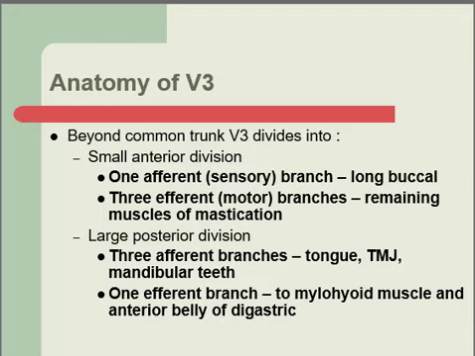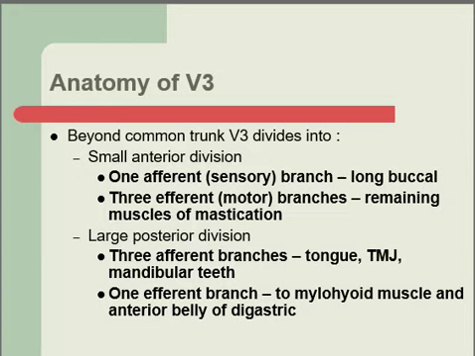So then beyond the common trunk, V3 divides into a smaller anterior division and a larger posterior division. So the anterior division contains 1 sensory branch, which is the long buccal, and then 3 motor branches, the remaining muscles of mastication.